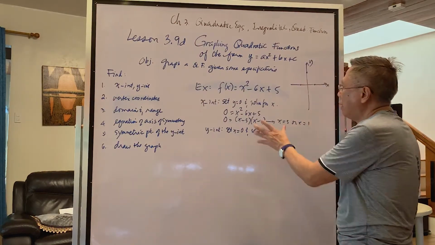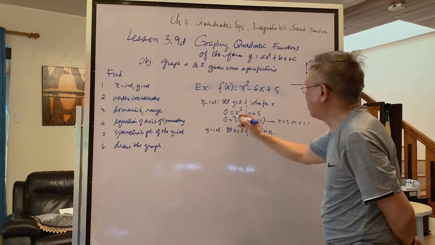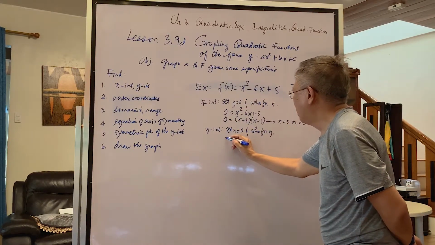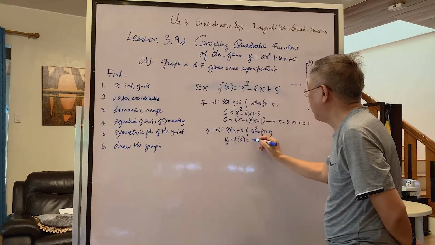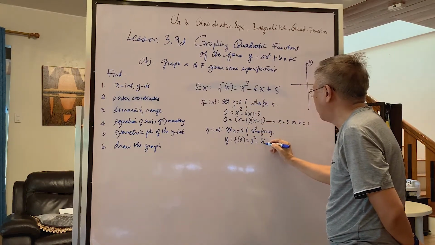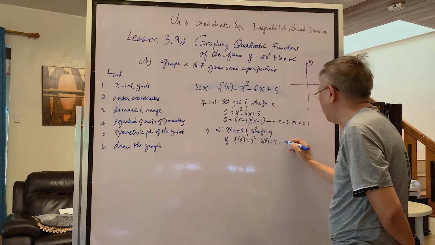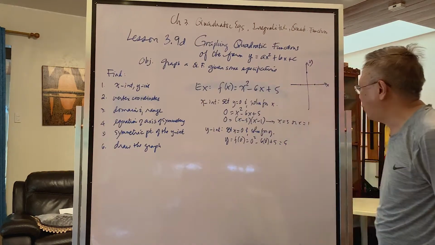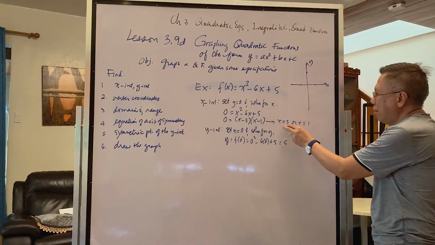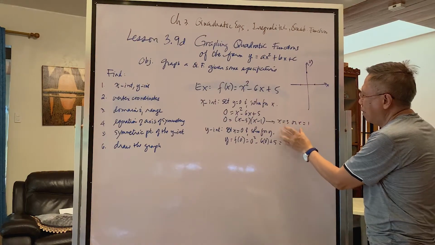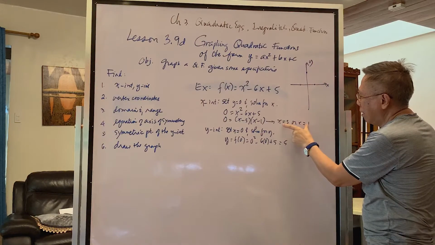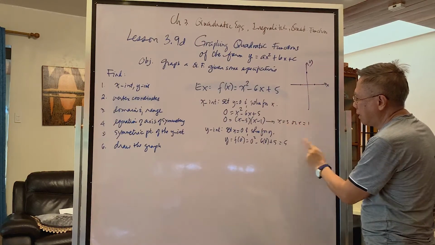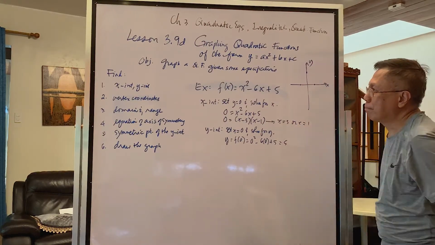So y equals f at 0 equals 0 squared minus 6 times 0 plus 5, so our y-intercept is 5. So we already know 3 pieces of information about our graph. We know the zeros or the x-intercepts and the y-intercept.